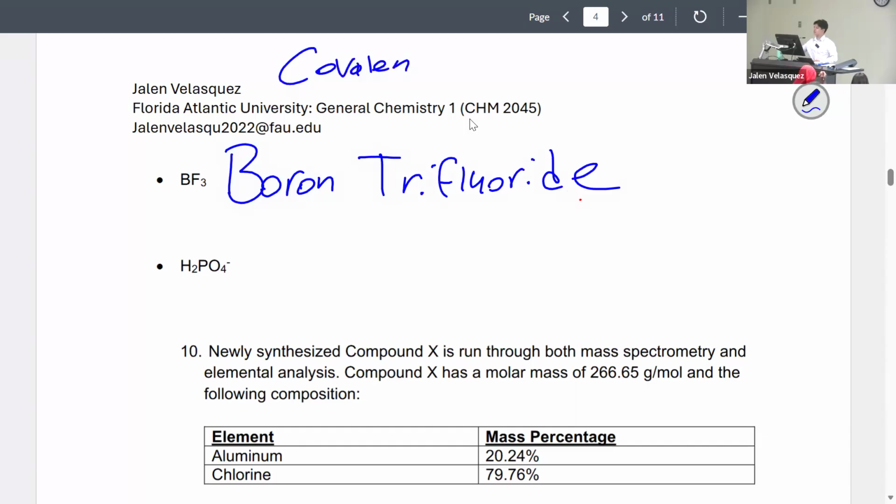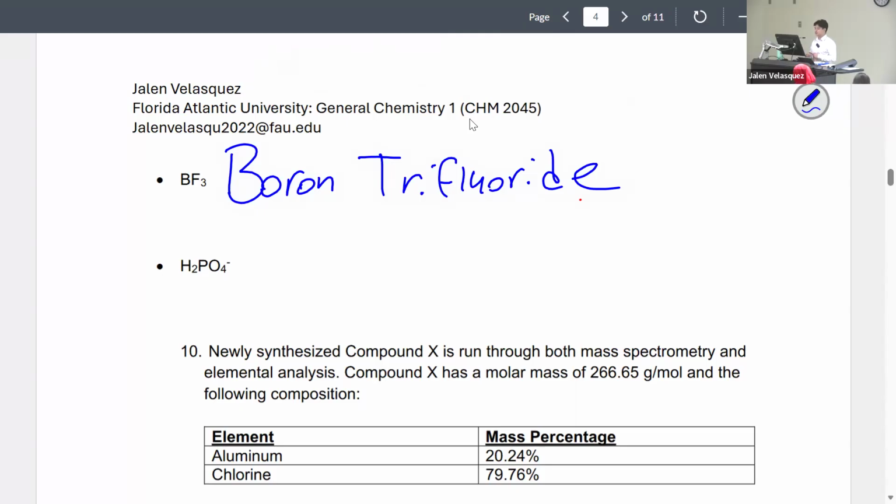Yes, molecular. Covalent or molecular, they mean the same thing. So just make sure you know that. Later in the course, we're going to go pretty deep into covalent compounds and the structures they make, when we get to chapter 8. All right. Good with BF3 here?